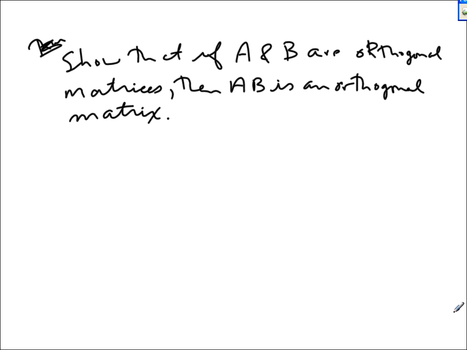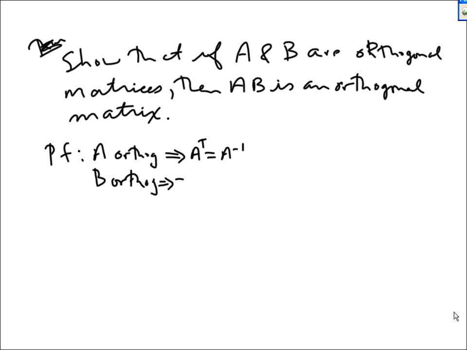Okay. So remember, proof. A orthogonal implies A transpose equals A inverse, and B orthogonal matrix implies that B transpose is B inverse.